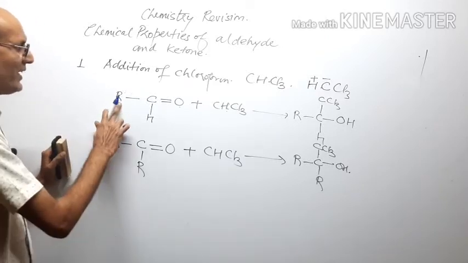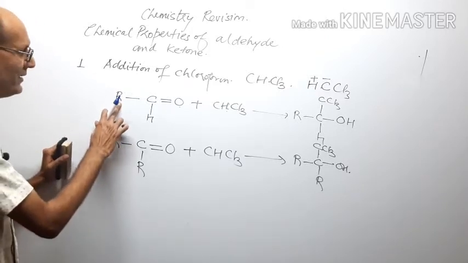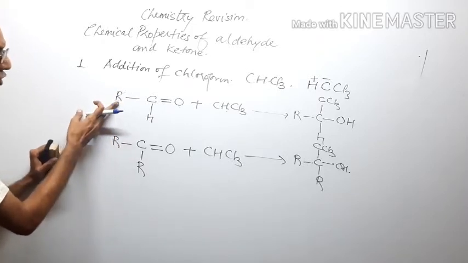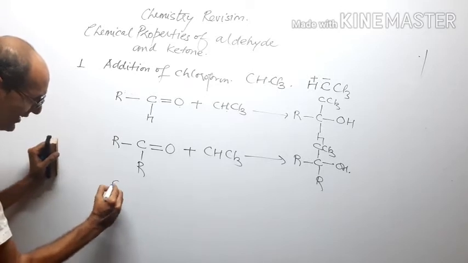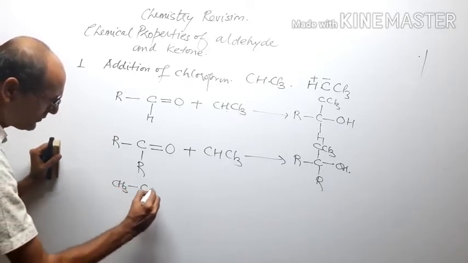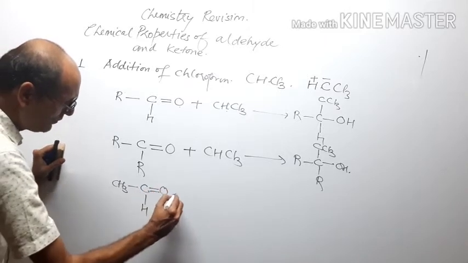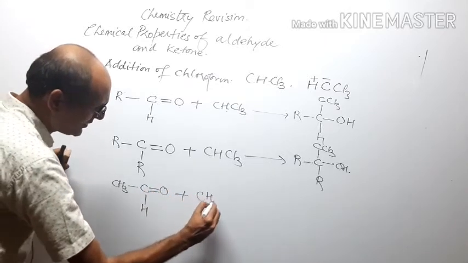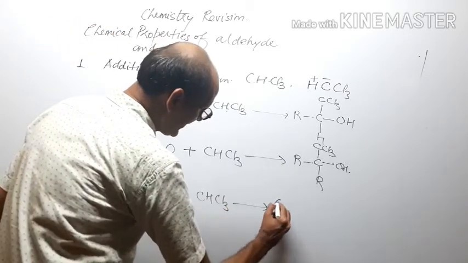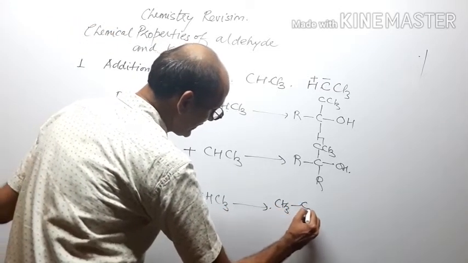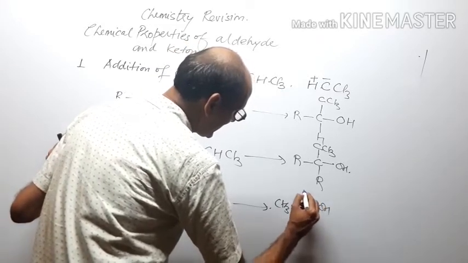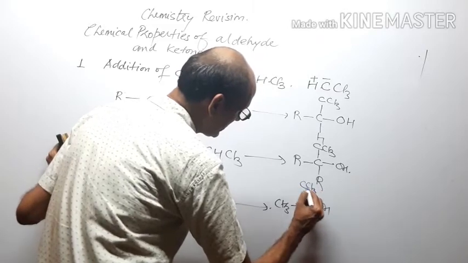In place of aldehyde, if we take acetaldehyde, that means I am taking here CH3. So you will write CH3-C-H double bond O plus CHCl3. You will get CH3-CH(OH)-CCl3.